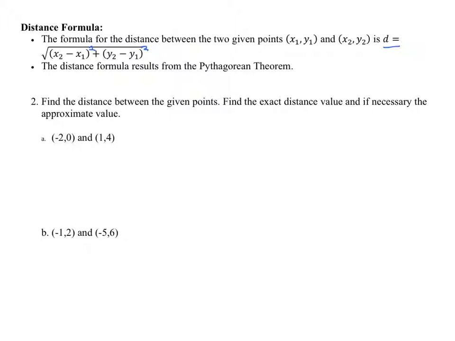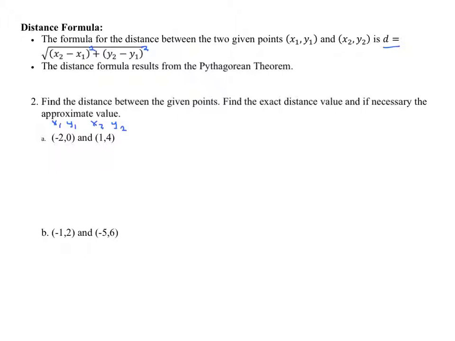will work. Okay, so first, what is this x2 minus x1? x1 is the x-coordinate of the first point. x2 is the x-coordinate of the second point. y1 is the y-coordinate of the first point, and y2 is the y-coordinate of the second point.